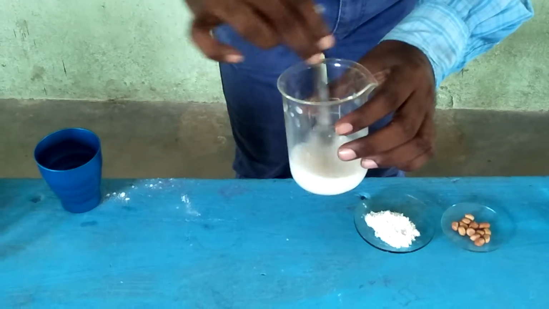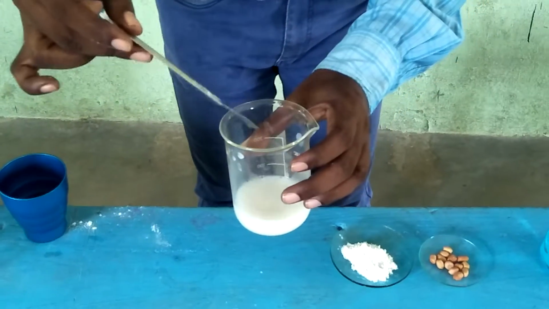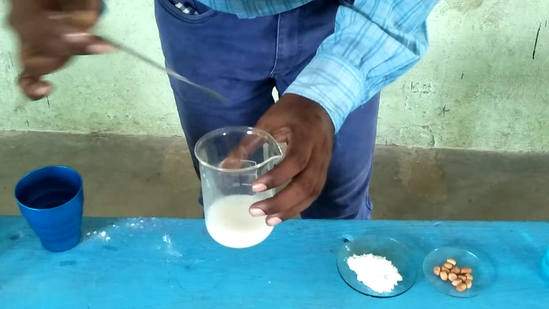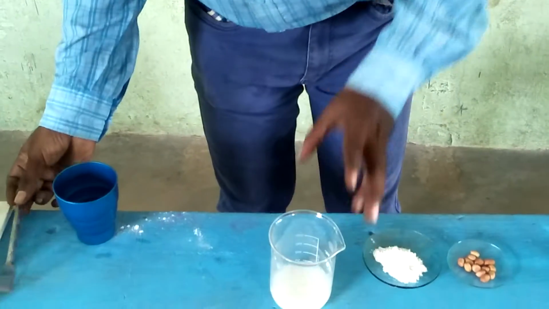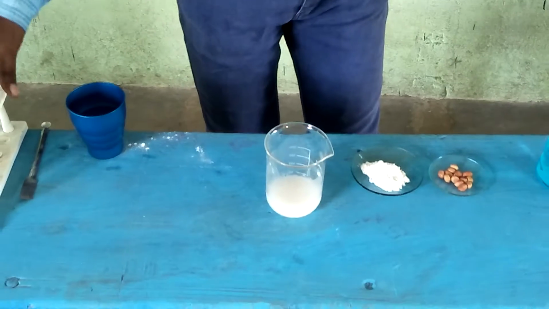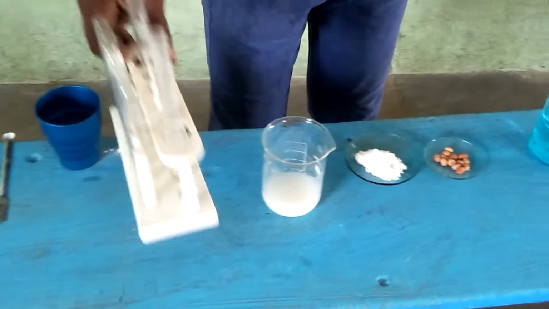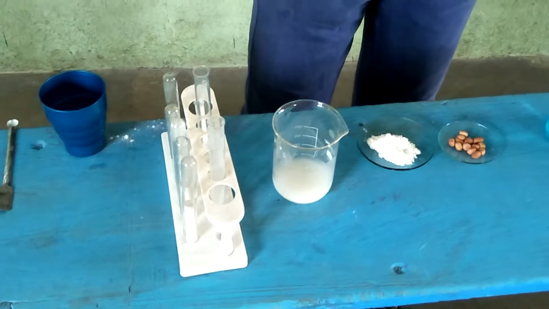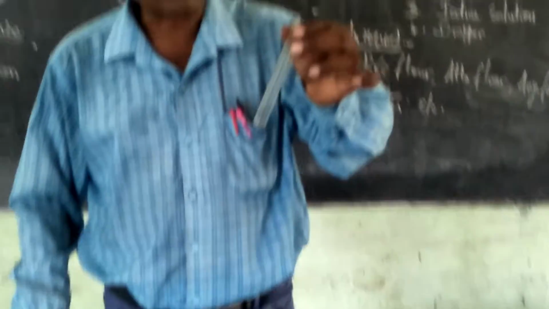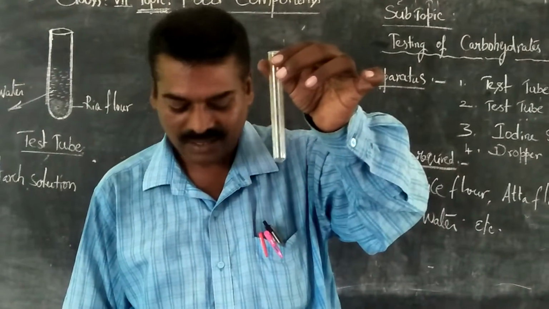Mix it uniformly with the help of this spatula-like structure, and keep it aside. Now take one test tube. Select a test tube that appears transparent and clean.